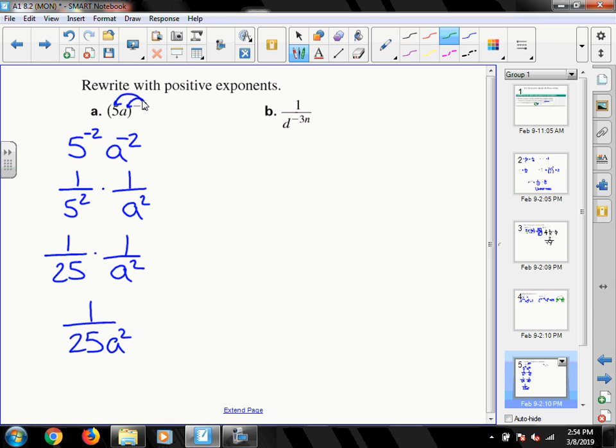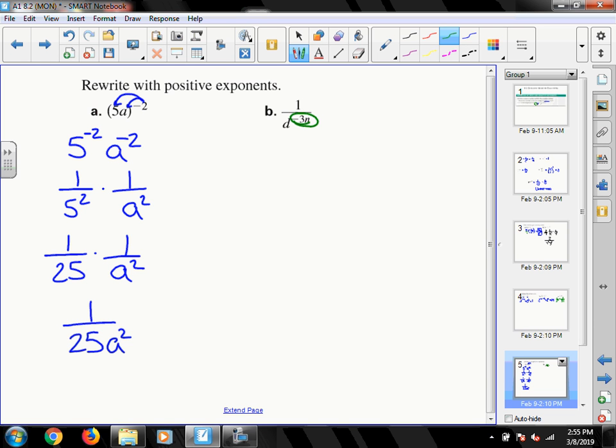B, this is why I've been phrasing negative exponents the same way this whole time. I have d to the negative 3n, except that's in the denominator of our fraction.